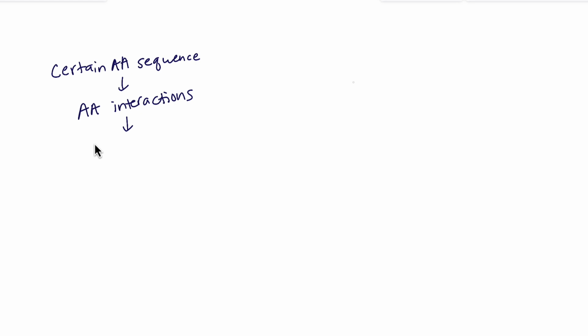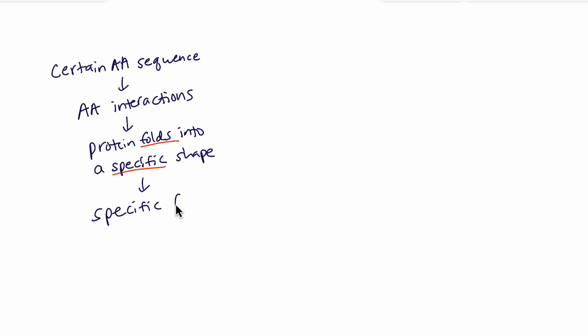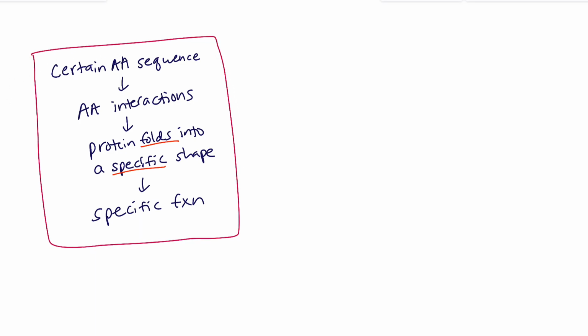And that causes the folding of the protein into a specific shape. And that gives it some sort of specific function. FXN, that's just function. So that's what is originally going on.